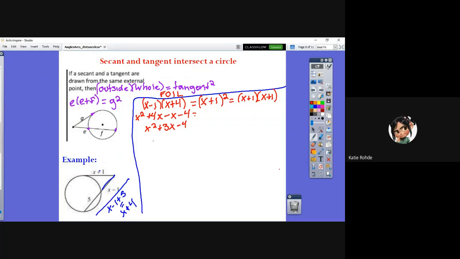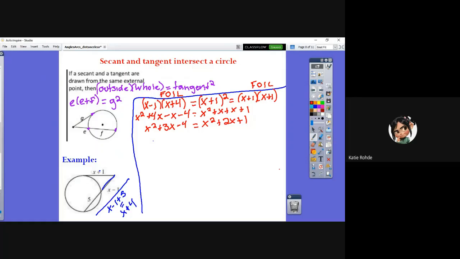The whole thing is times itself, not just each individual thing. Very different. So we have to also FOIL this one. And we get x squared plus 1x plus 1x plus 1. So that equals x squared plus 2x plus 1.